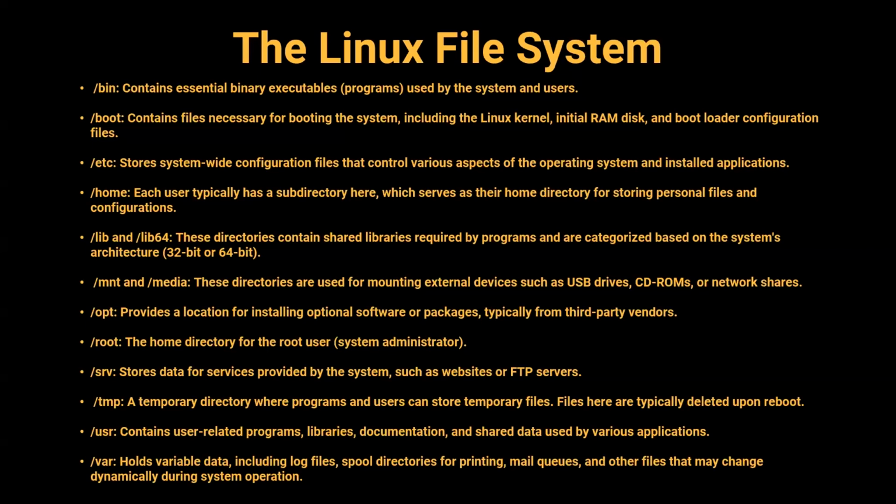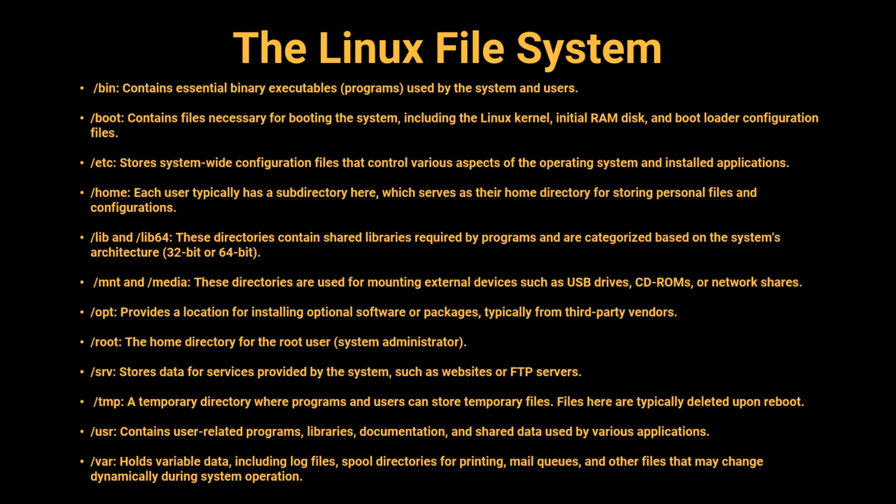But in this slide here, here's a quick rundown of each of the folders that you see. These aren't all of them, but these are some of the more common ones. So like I said, you have your bin folder, which contains the binary. You have your boot for the booting of the system, the etc folder, which is like the system-wide configuration files.